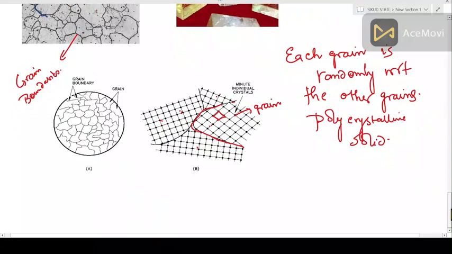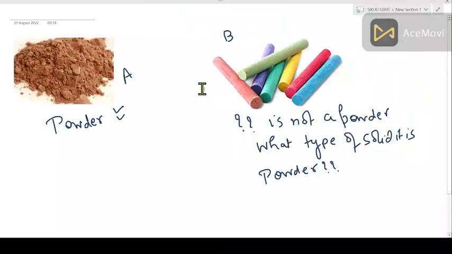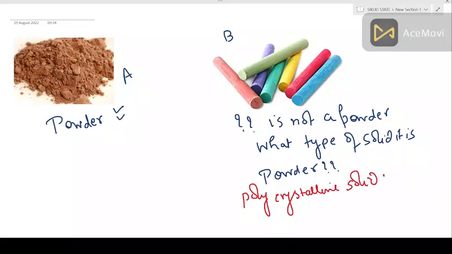It may appear strange to the layman that you are calling a single piece of solid a powder, but from the microscopic view, it is a powder. So this chalk is a powder, or you can say it is a polycrystalline solid.